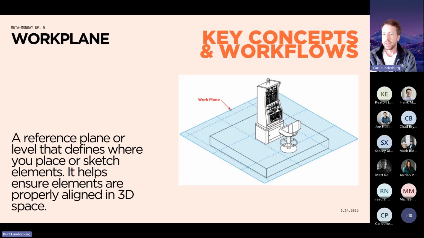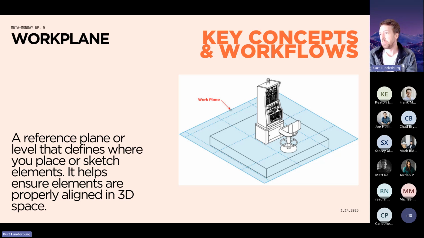Okay, so a work plane is trying to break down the way that Revit thinks of a plane. We can think of the plane being the ground floor, but we can also change the work plane to being the vertical plane, or it can be a section plane. We can tilt the work plane, and that's a way that when you model something or place something, you can place it on the work plane, and then you can have that vertically or horizontally.